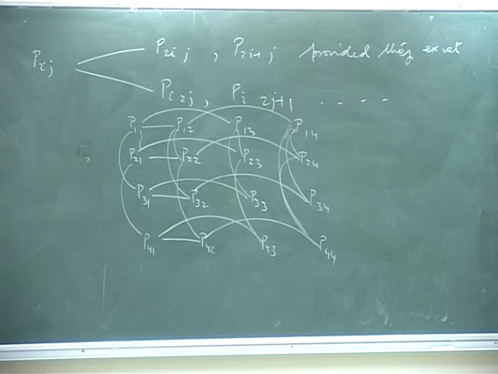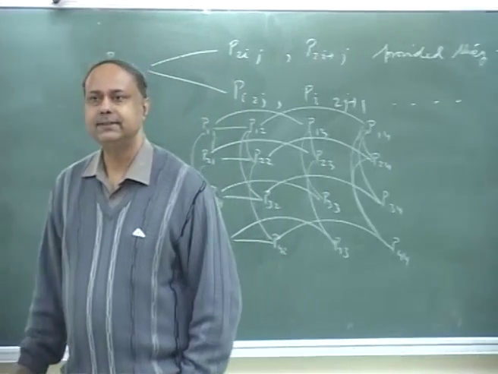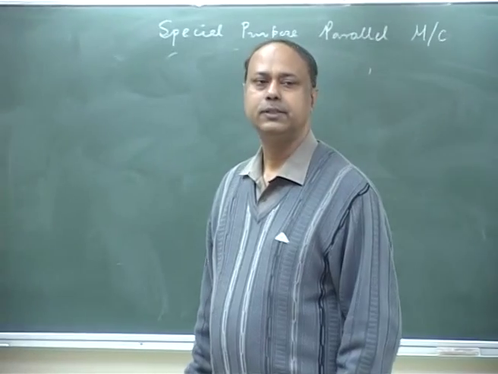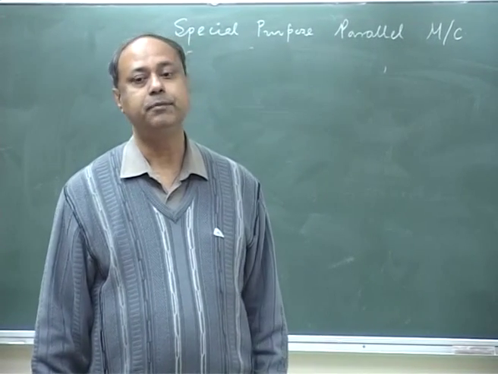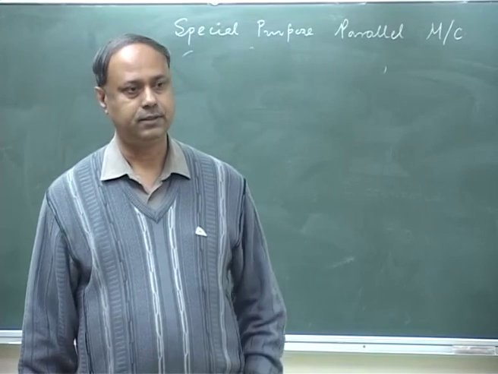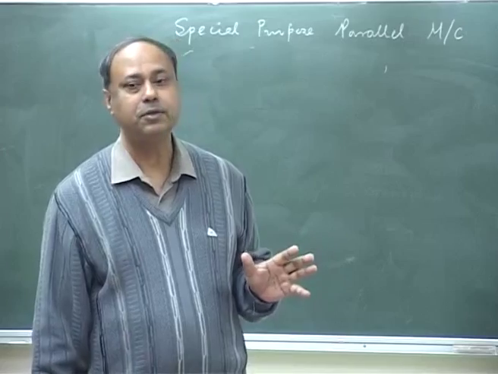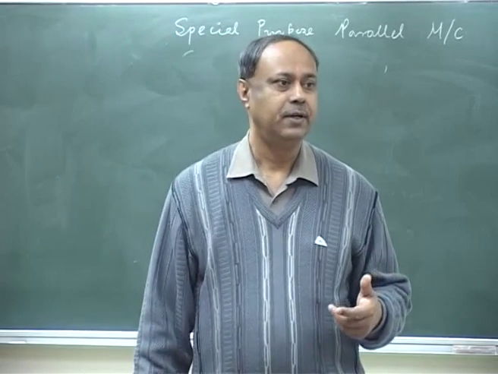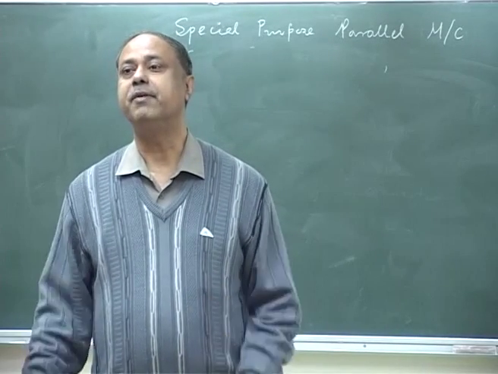Initially, it is assumed the elements... See, one thing you remember: in the parallel algorithms we discussed, for some problems we are silent about the input part or output part. How input will be coming, we are not telling, because input takes a huge amount of time, and if we consider it, then the complexity may fail.